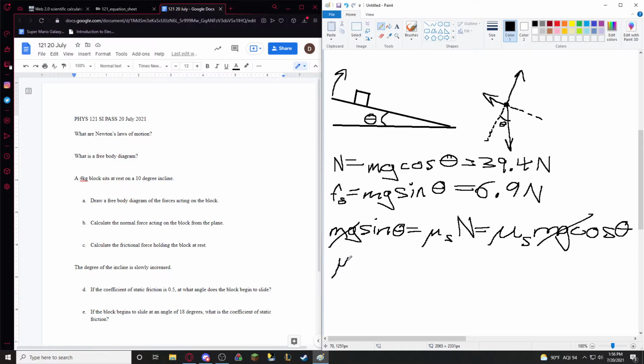And so then we have mu s is equal to sine divided by cosine, so tangent of theta. Then theta would just be the inverse tangent of the coefficient of friction.